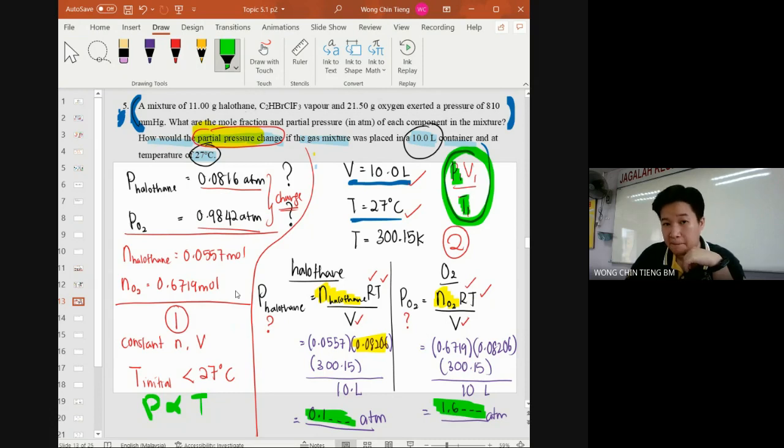So over here, the pressure in your second condition is higher. Over here, the pressure is lower in the first condition. So bila pressure is higher and pressure is directly proportional with the temperature, bermakna suhu kat sini kena tinggi. Suhu kat sini kena rendah. Nampak?